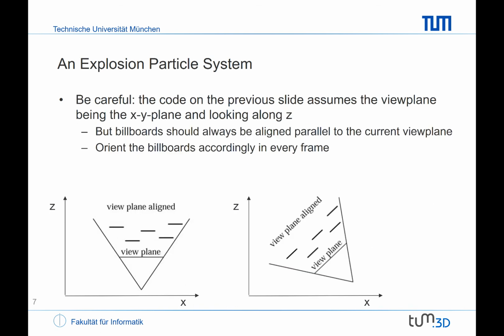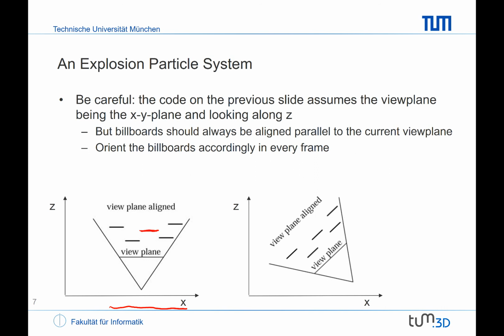Okay, now we have to be careful because the code on the previous slide assumes the view plane being the xy plane and looking along z. That is the situation which we have here. So here we have one of the billboards.